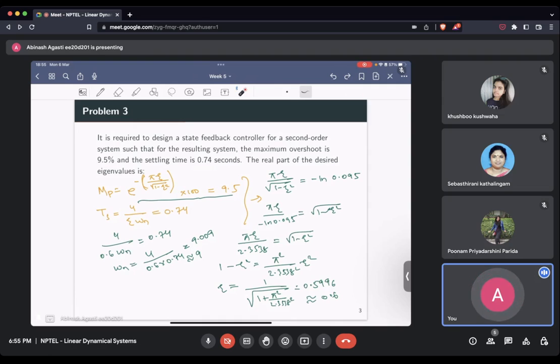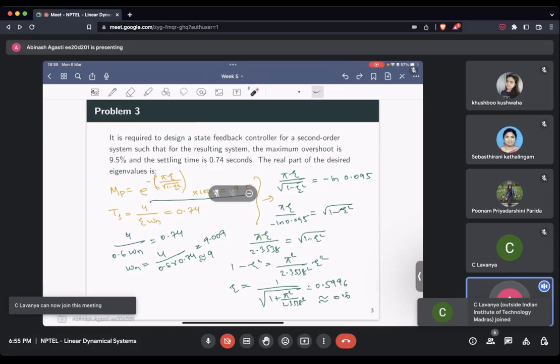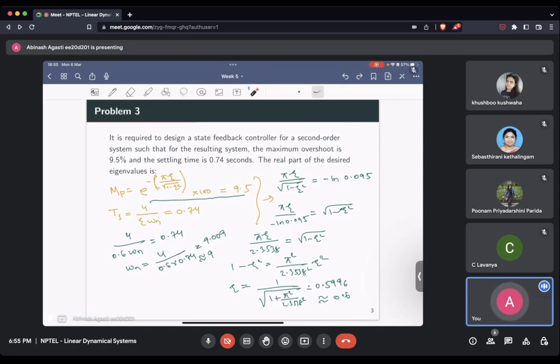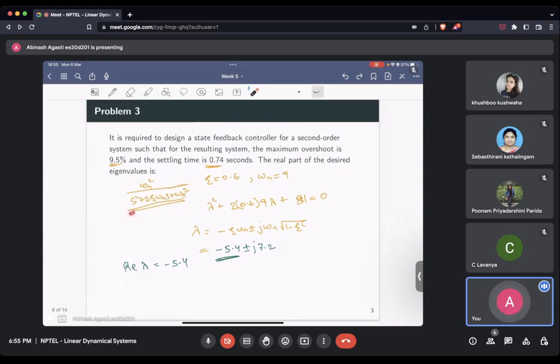So for any standard second order system, we can find out what should be the damping ratio and the natural frequency. So we did that. We found out zeta and omega n. So from there, I know what my desired pole should look like.